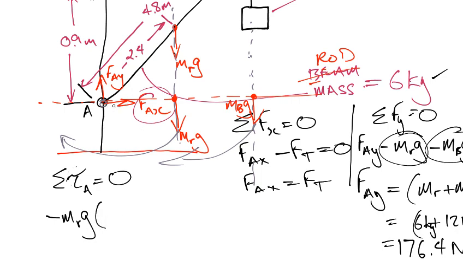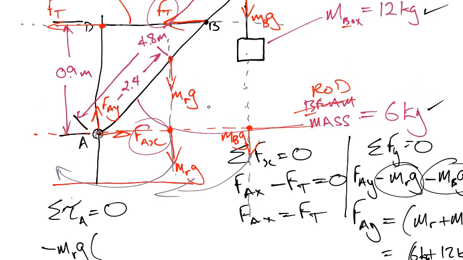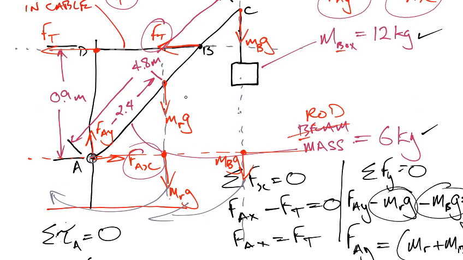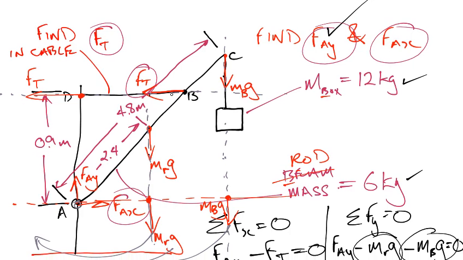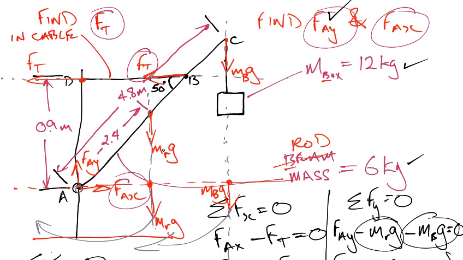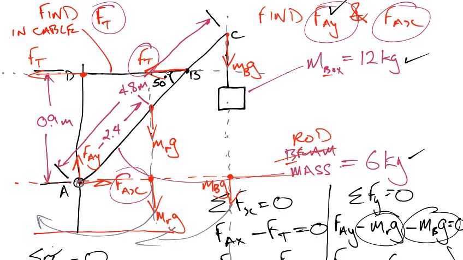What is the distance? Now, there's one thing I haven't given you, and I apologize for not giving this to you earlier in the problem. I actually forgot to write this down. But this angle here is 50 degrees. Okay? So, if that angle is 50 degrees, then if you use the concept of alternate interior, this angle is 50 degrees.